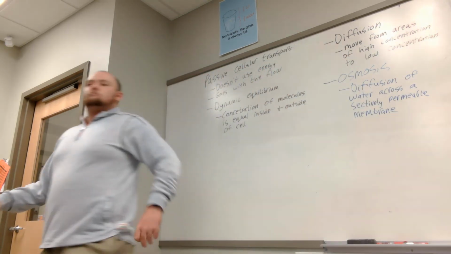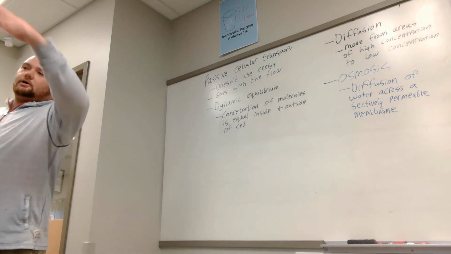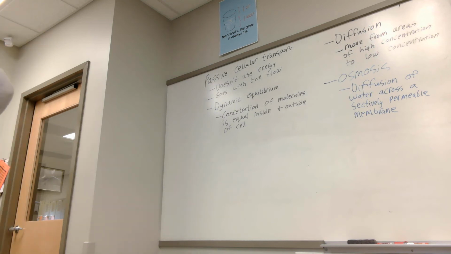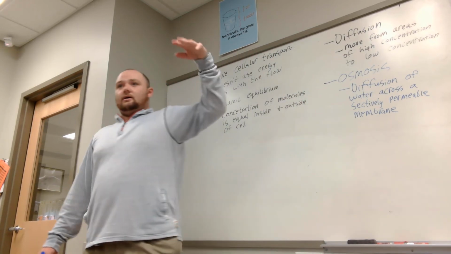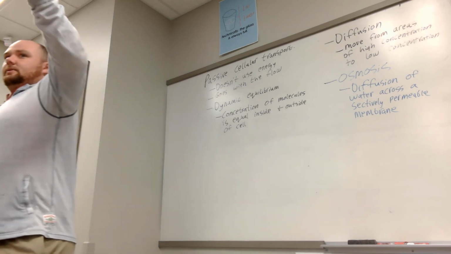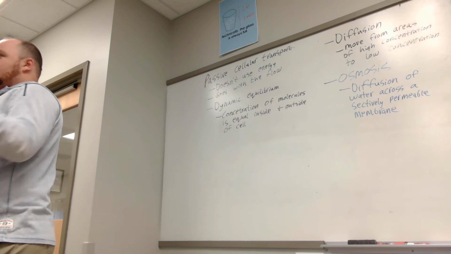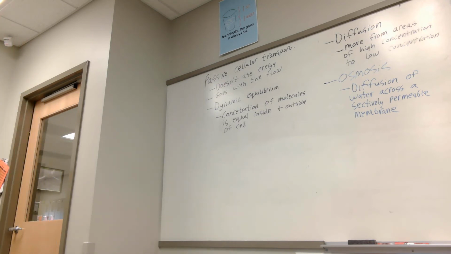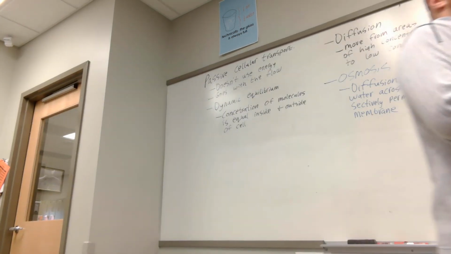So this is just the diffusion of water, not the diffusion of food coloring or gas or anything like that. We're specifically talking about water, and we're specifically talking about how it moves across membranes. It's not always going to be with the cell membrane or with the egg membrane. Sometimes it's talking about a filter paper. But water moves to try and reach that dynamic equilibrium. It wants to get it equal everywhere throughout.